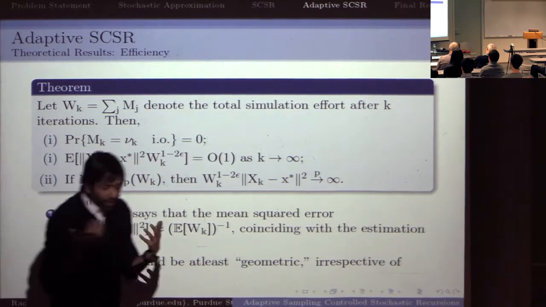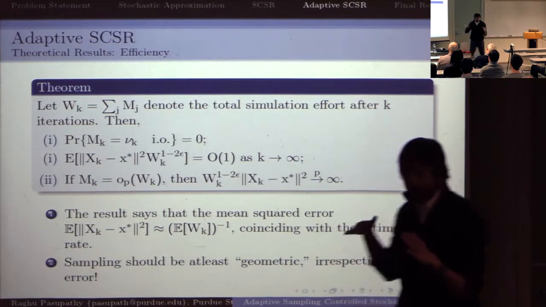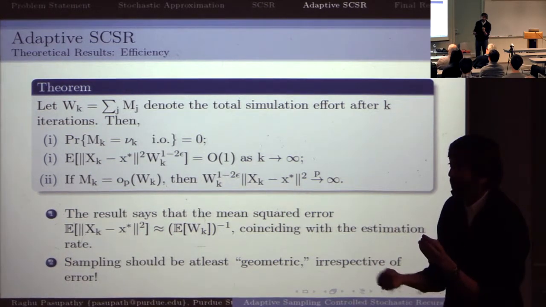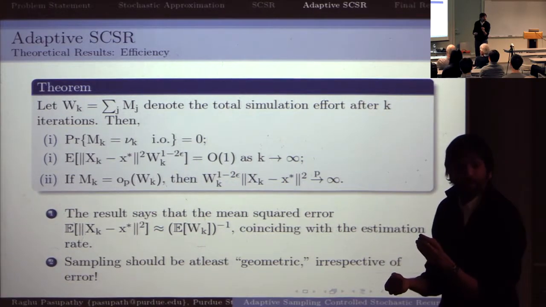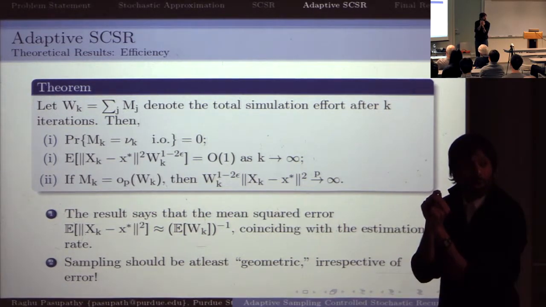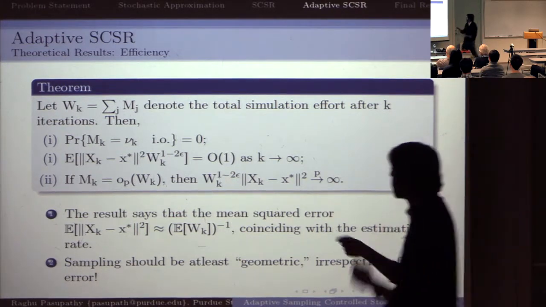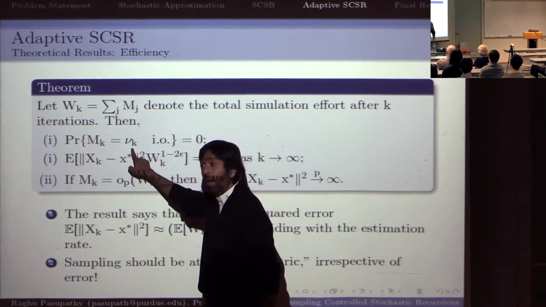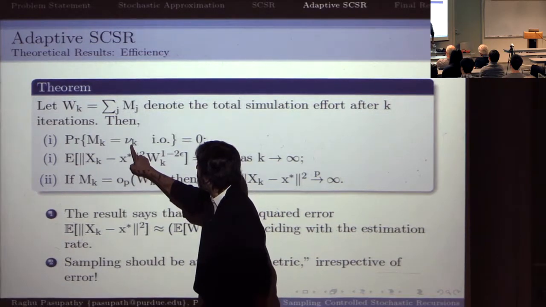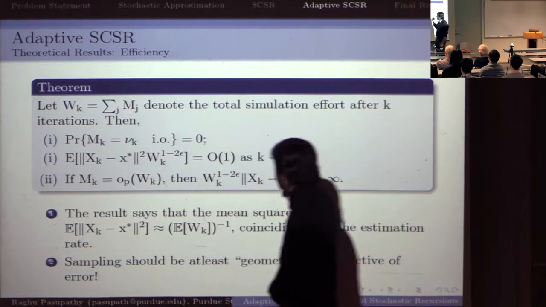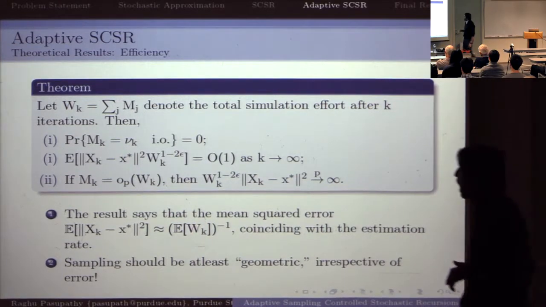So the trajectory that you need to think about is, as I get closer and closer, there is a lower bound that I'm imposing on the sample size. It is never hit. So in other words, the rule due to the adaptive sampling is almost always greater than the artificial rule that I imposed through nu k. Okay, so the likelihood of it actually exceeding nu k infinitely often is tending to 1.